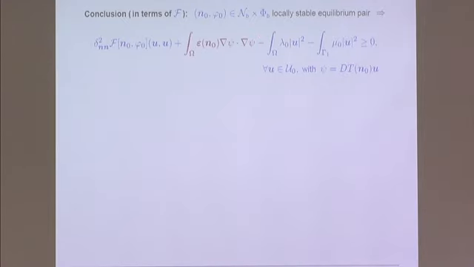So what this is saying is that an equilibrium pair, N naught, phi naught, a director field and an electric potential field that satisfy the coupled equilibrium conditions, will be locally stable.